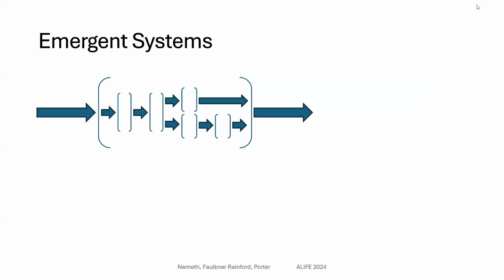So emergent systems are those that have a skeleton, a blueprint that specifies the functionalities and their interactions without any actual content. Instead, we assume that each functionality can be represented by multiple such building blocks.